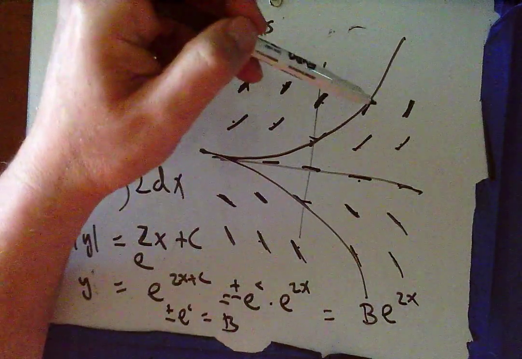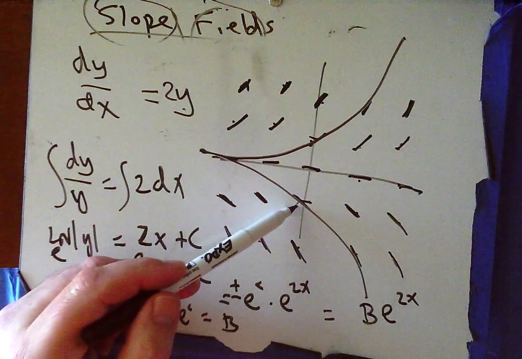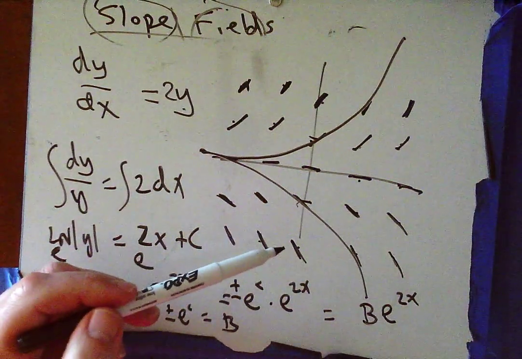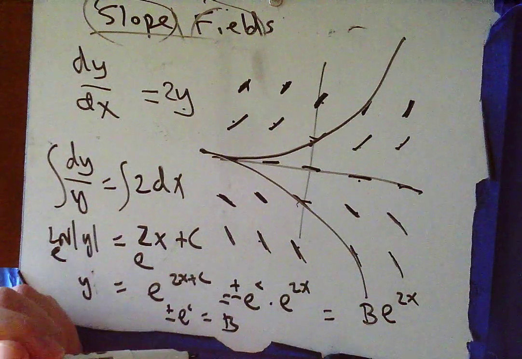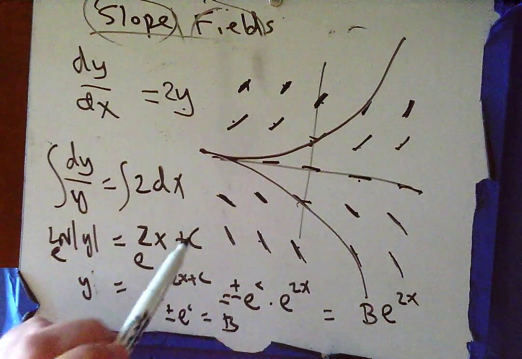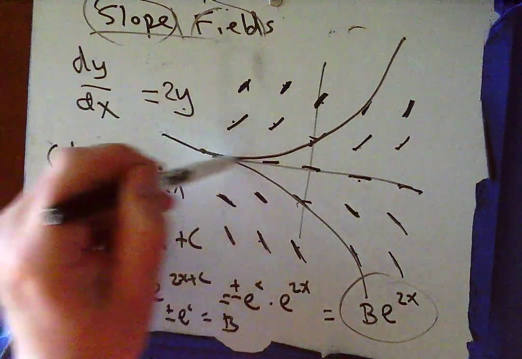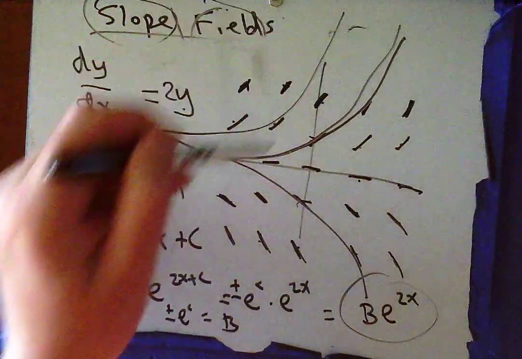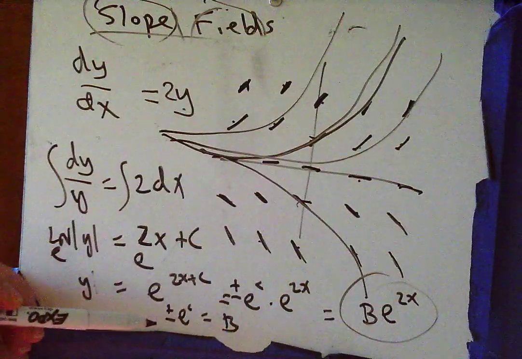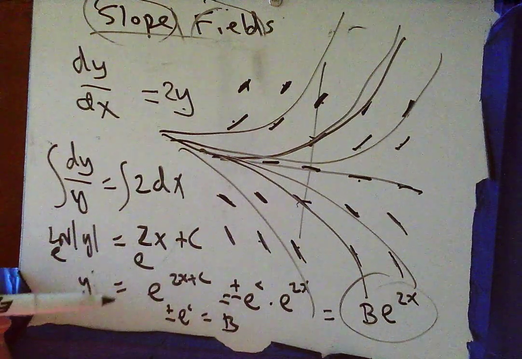And so here I have exponential growth, and here I have reflected across the x-axis exponential growth. So, yeah, there's my slope field telling me you're going to have an exponential thing. Look, there it is. I've got an infinite number of exponential growth curves and an infinite number of their reflections.